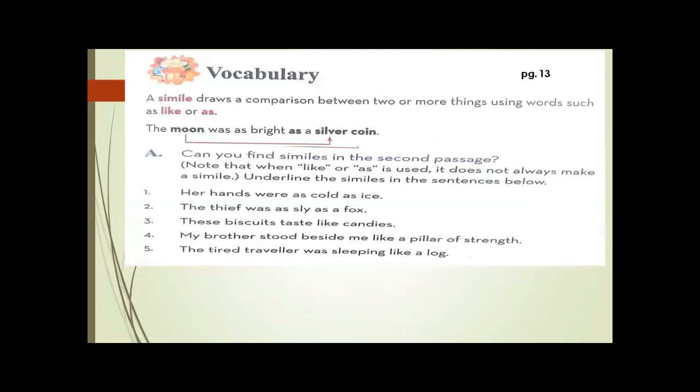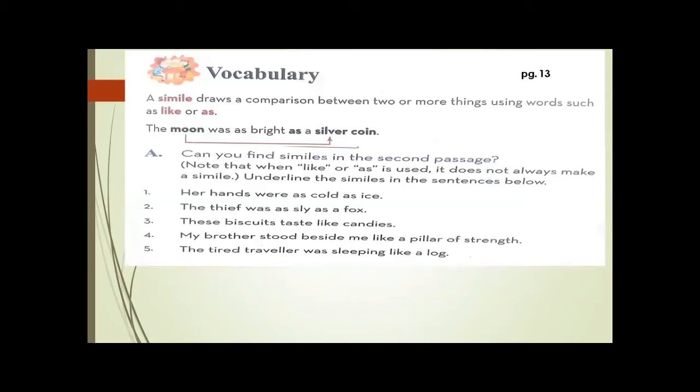Now, in your book, there's a question. Can you find similes in the second passage? Have a look at the second passage, page number 11, level 3, in paragraph 2. Third line, you will find he was still as strong as an ox.